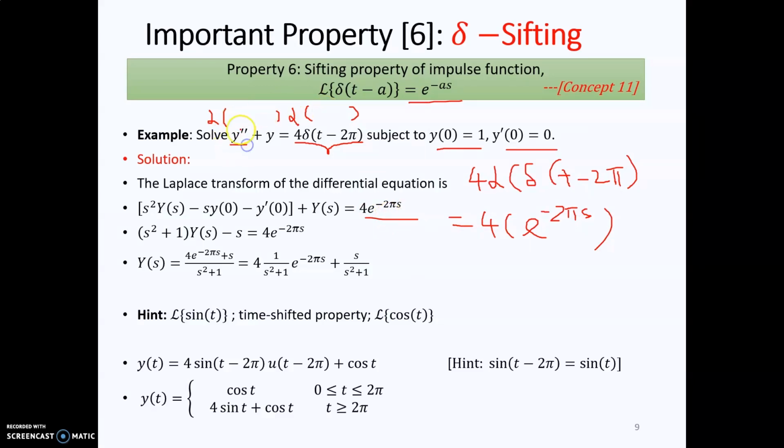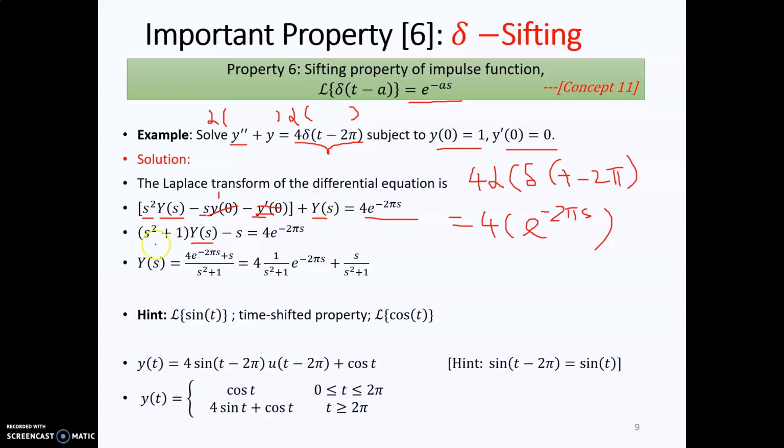And then taking the Laplace transform for y double prime, you have s squared Y(s) minus s y(0) minus y prime(0). So you can substitute y(0) to be 1, y prime(0) to be 0, so this term cancels. Lastly, for y, the Laplace transform gives capital Y(s). Collect the terms for Y(s), you obtain this.